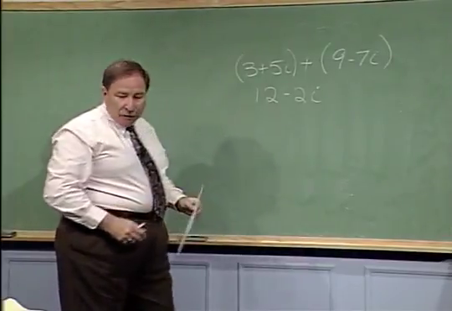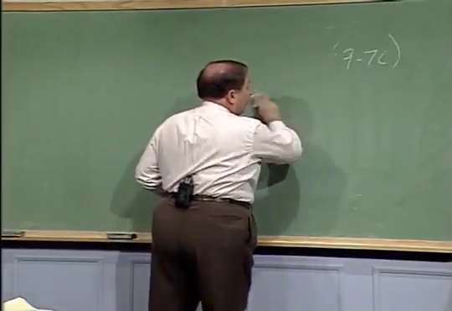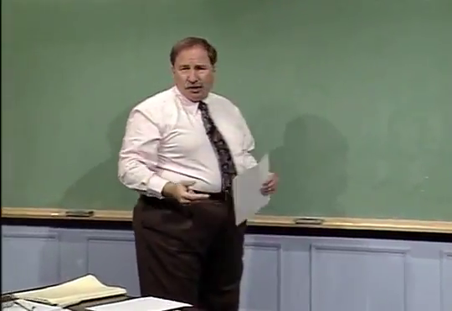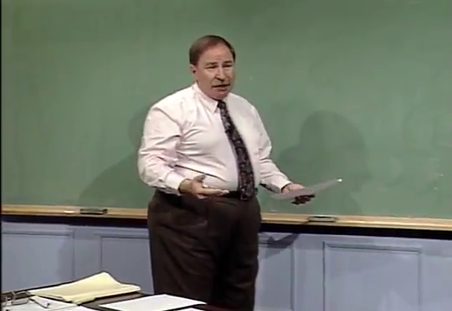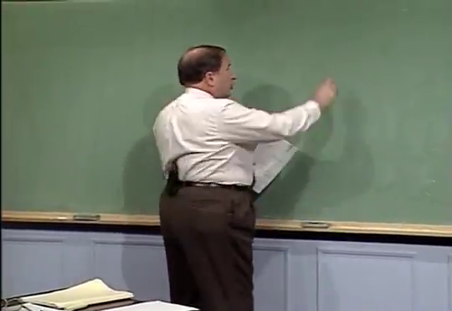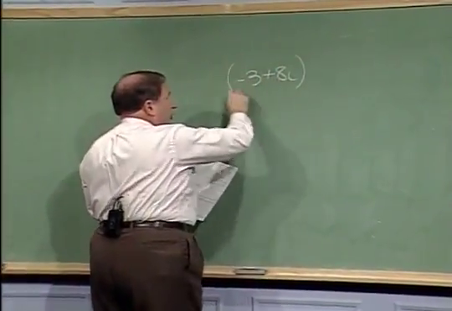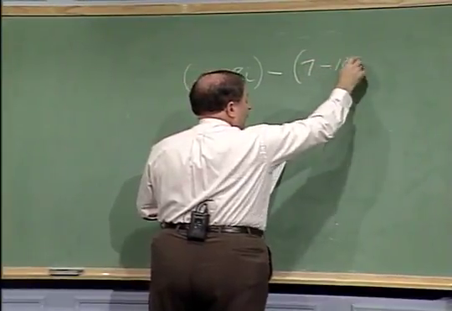Let's take an example, on the board here, of subtracting two complex numbers. You may say, for complex numbers, this is not too difficult, and it really isn't. The name complex doesn't mean they're difficult, it just means it's made up of the real and the imaginary parts. So let's take a look here at negative 3 plus 8i, in parentheses, minus 7 minus 10i.